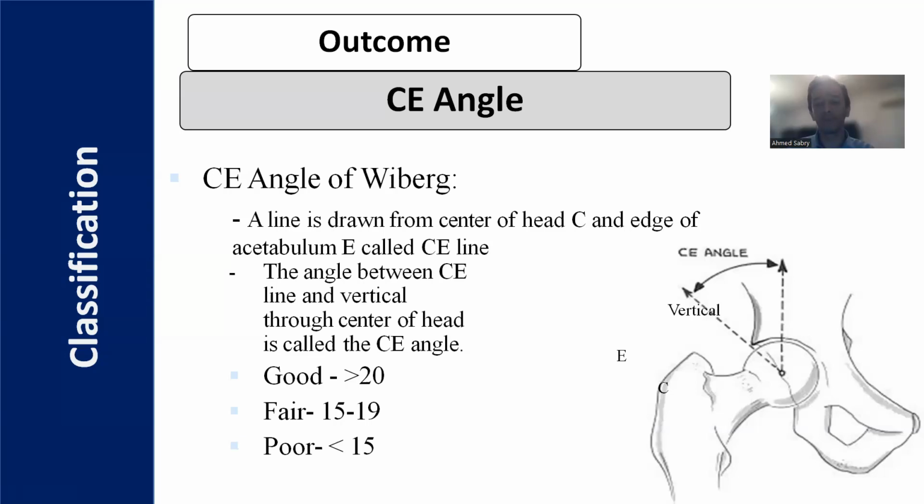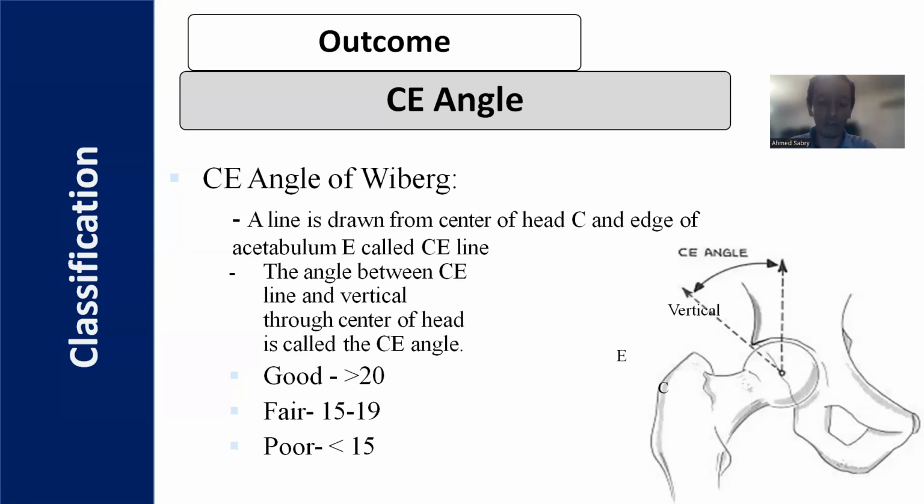This is the line that shows you are aligned vertically on the pelvis. The second point is on the lateral edge of the acetabulum. We draw a line from the center to this point and measure the angle, from the center point to the lateral-most sourcil point in the acetabulum. Then there are three classifications. If it's more than 20 degrees, it's a good outcome.